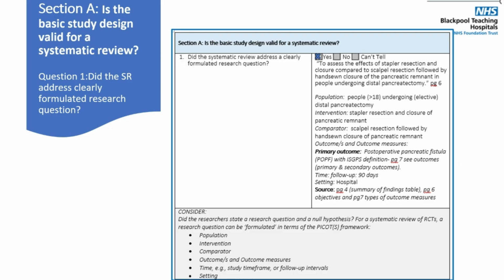We looked at the research paper and identified the aim of the paper, the population, the intervention, the comparator, the primary outcome, the time factor, and the setting, and then we had sufficient information to be able to answer if the research question was clearly formulated, which was yes, because we had detailed information.